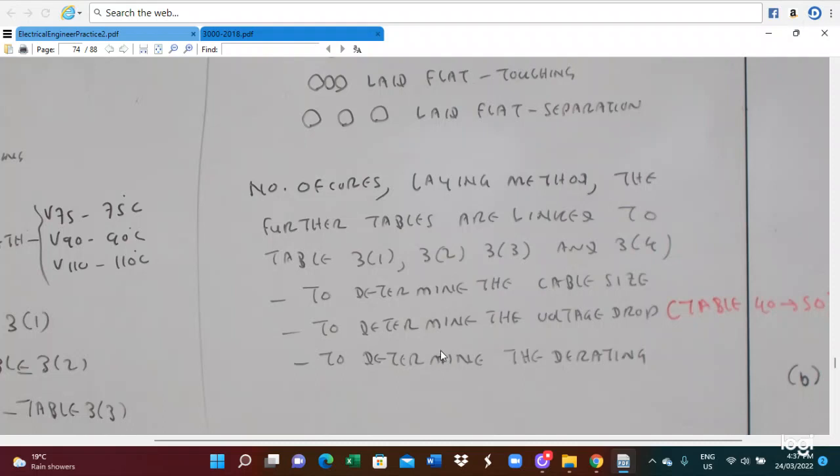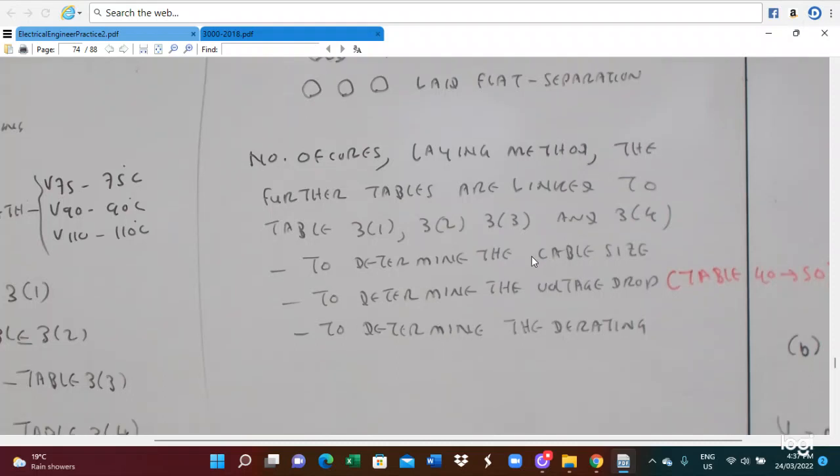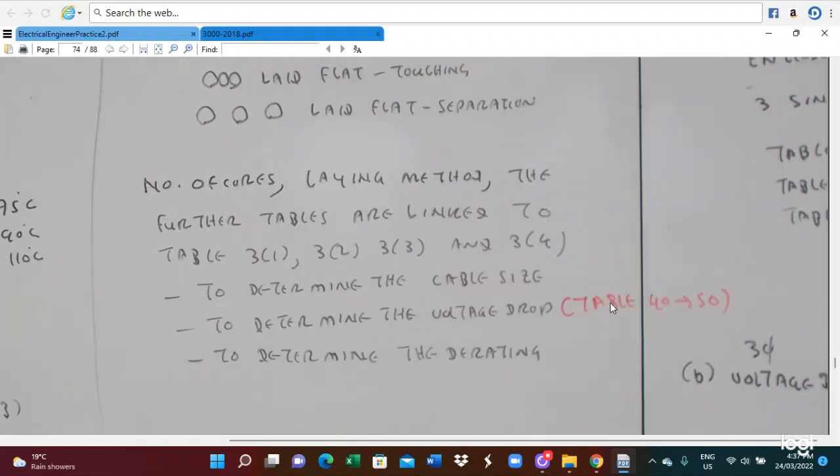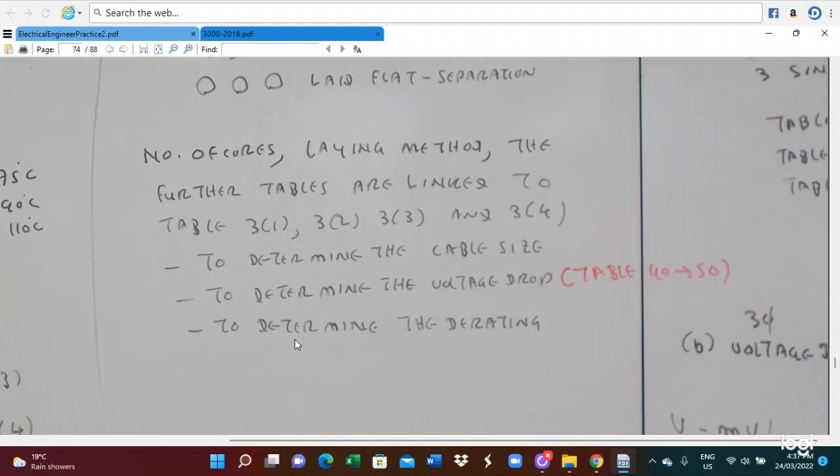So in this case, we have to determine the cable size. Also, we need to calculate the cable voltage drop. In this case, we refer to AS/NZS 3008. Tables 40 to 50 are utilized to calculate the voltage drop, and the derating factor is also indicated by those tables.